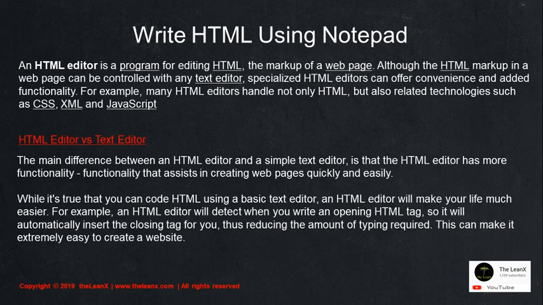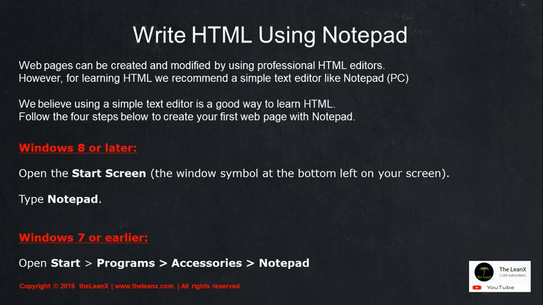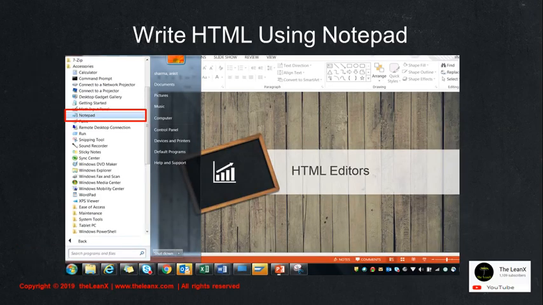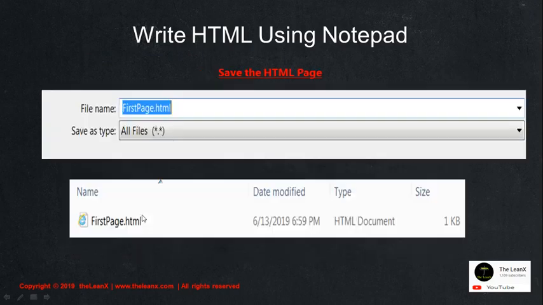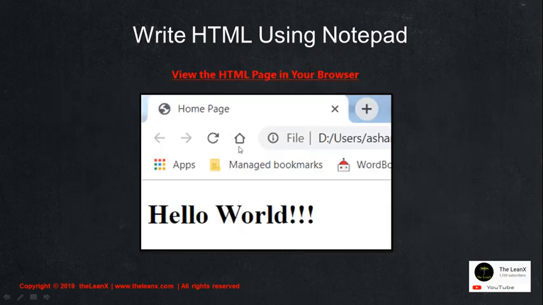We have seen the difference between HTML and text editors. We have seen how to use Notepad. You just go here, click Notepad, write HTML code, save it with .html, and then somewhere it will get saved, double click, and then you will see what you have written in the HTML file.